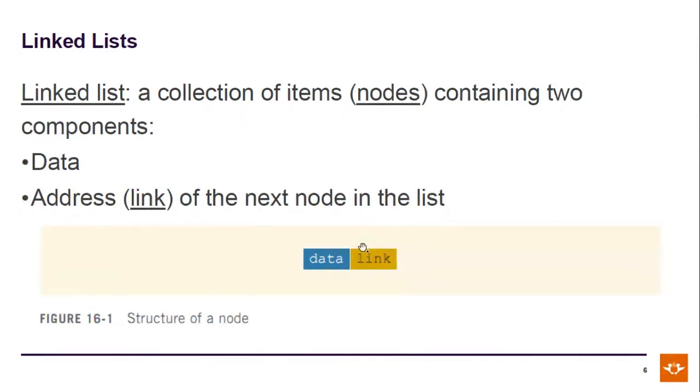That's the most important thing. So I can have these different nodes in memory, which are not next to each other in terms of memory addresses, but because there are links between them, I can create a list. That's the basic idea behind a linked list.